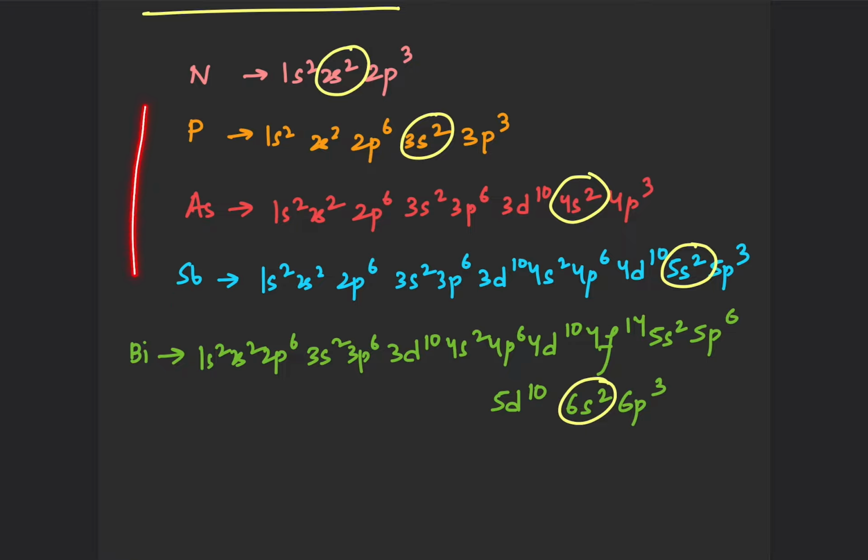So I will repeat my statement. As we move down the group, the tendency of s electrons of the valence shell to participate in bond formation decreases. So 6s2 finds it very hard to participate in bonding compared to 5s2. 5s2 finds it hard compared to 4s2. 4s2 is tough compared to 3s2, and it's easiest for nitrogen. So this reluctance of s electrons to participate in bond formation is called the inert pair effect.